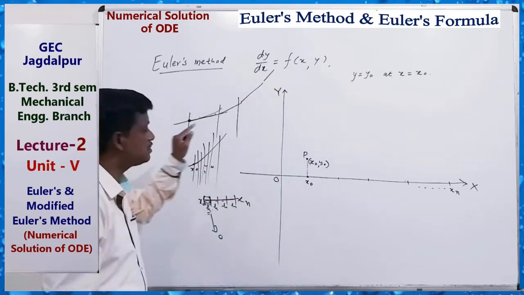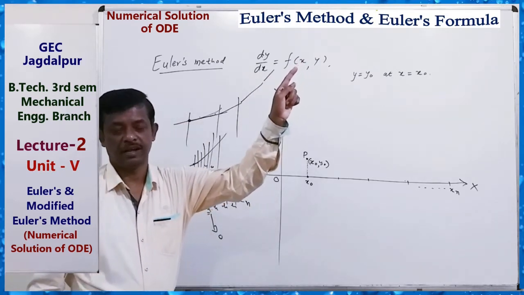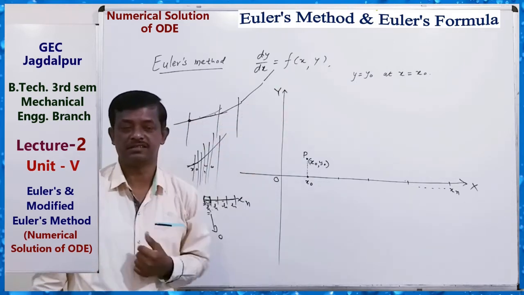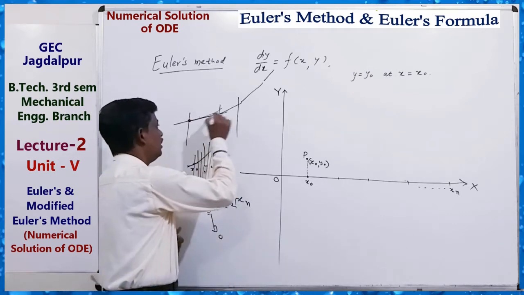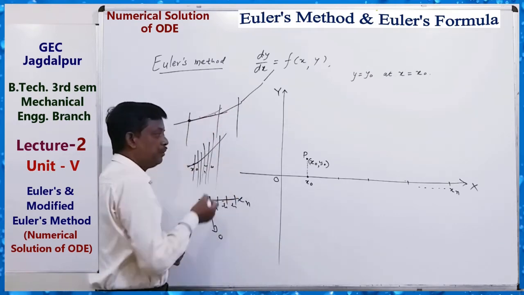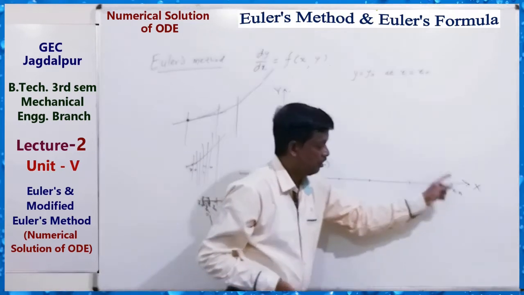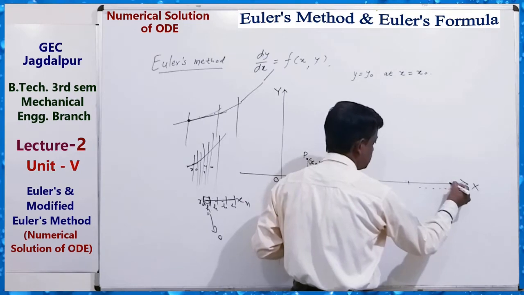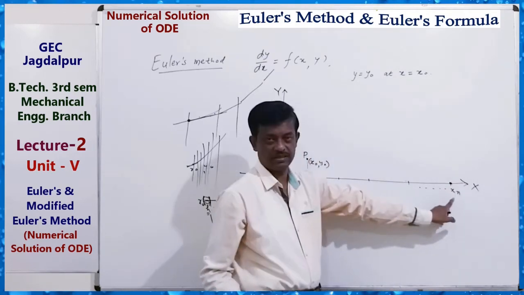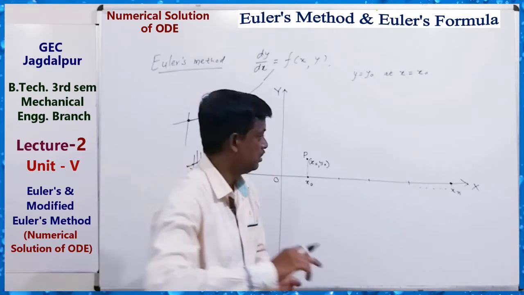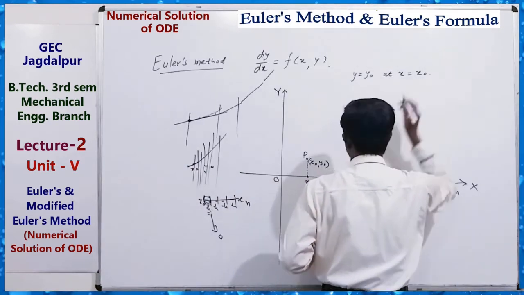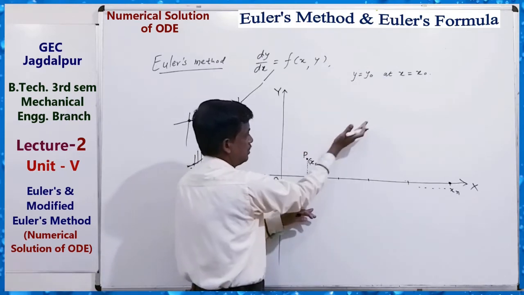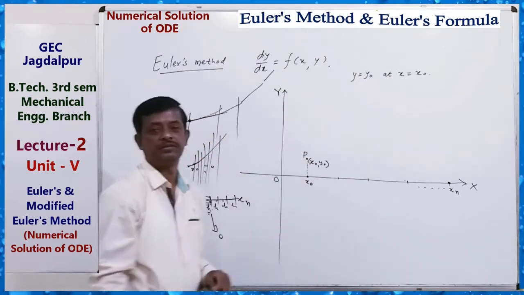By using this approximation by small arcs that are tangents, if our targeted value at this value of x, the value of y is here, then we can go to that part by taking tangent, tangent, tangent and so on.